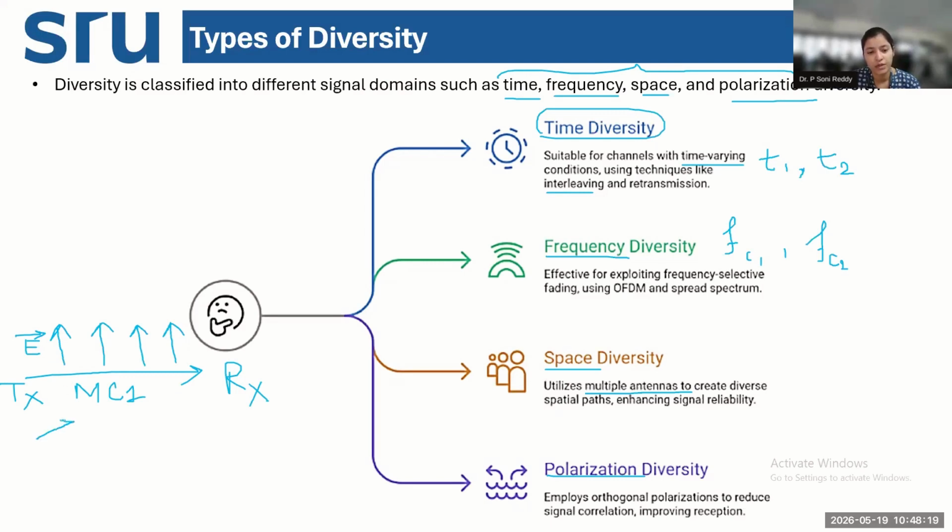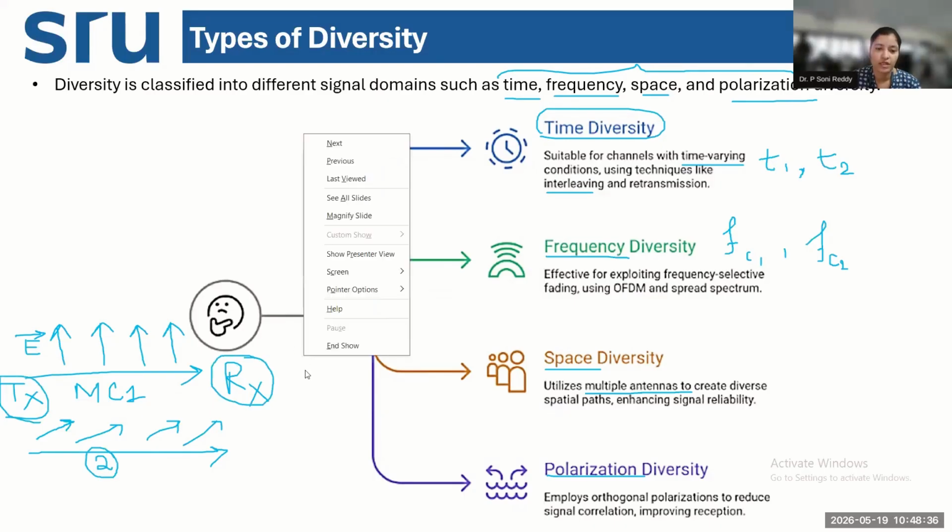Suppose another signal is being transmitted which has a horizontal orientation of the electric field. So this is another component, the second component of the signal which is being transmitted from the transmitter to the receiver.